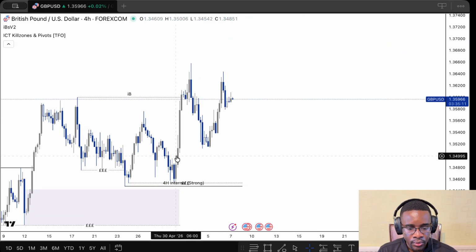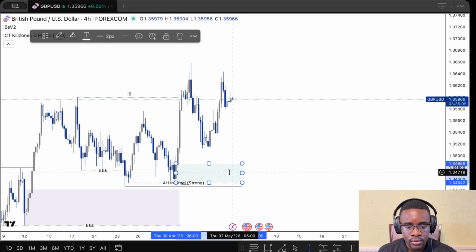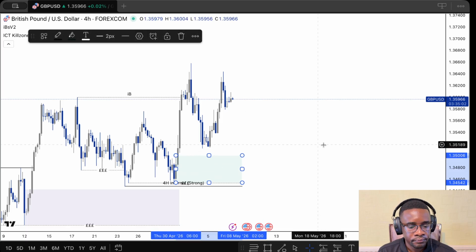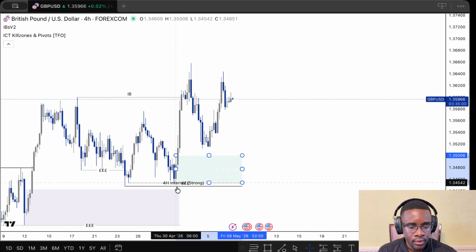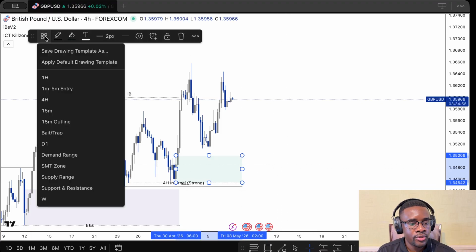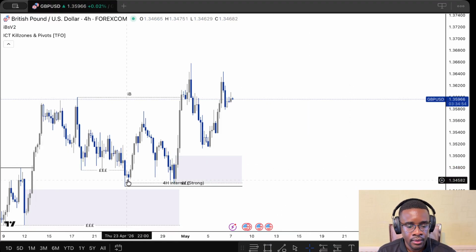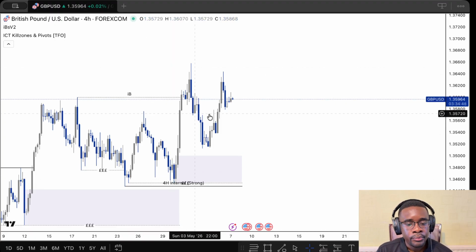So I will then mark this as the unmitigated extreme. Okay, if we take it from there, that's already been mitigated and we had an inducement, and then price went on to break that high.